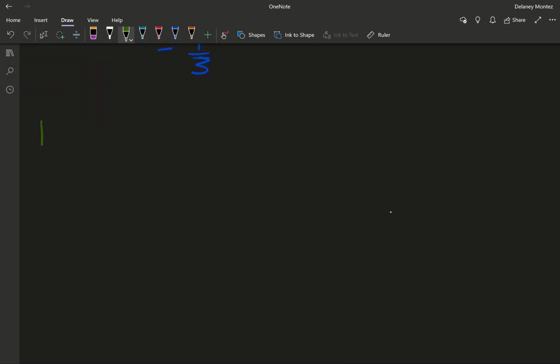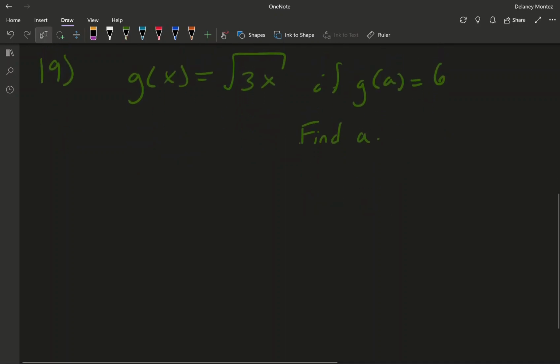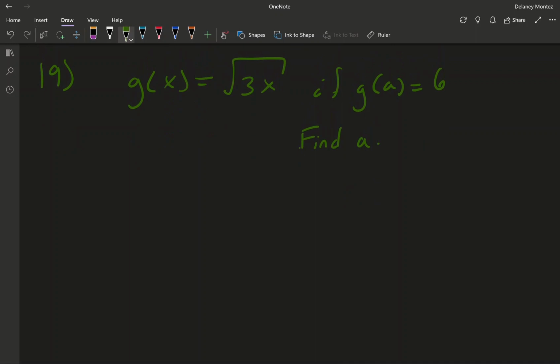So we should just be following along. This is question 19. g of x equals the square root of 3x, right? If g of a equals 6, find a. So with this one, we have g of x equals the square root of 3x.